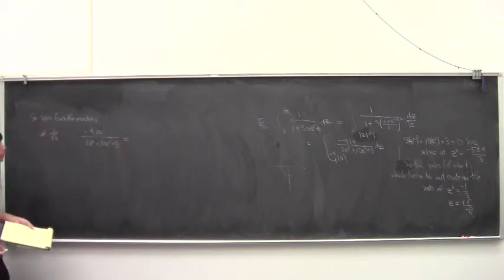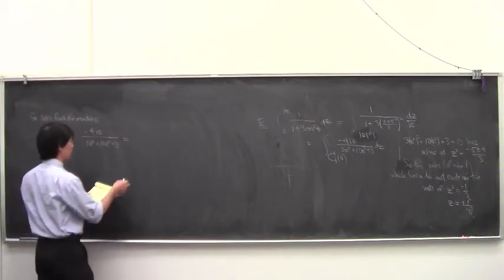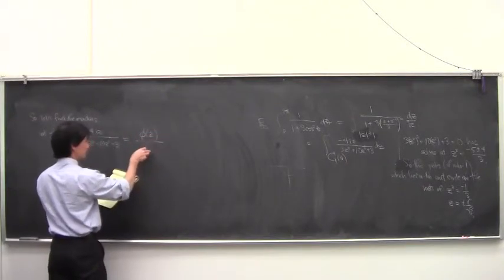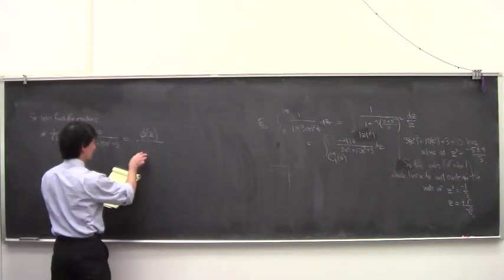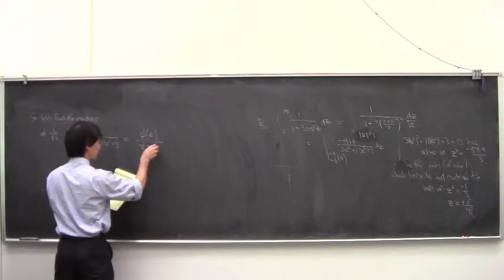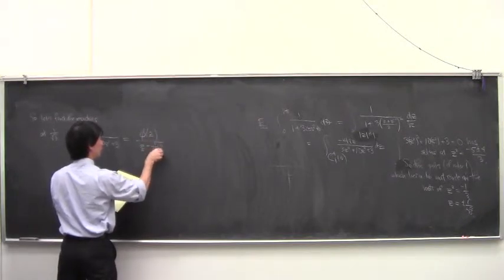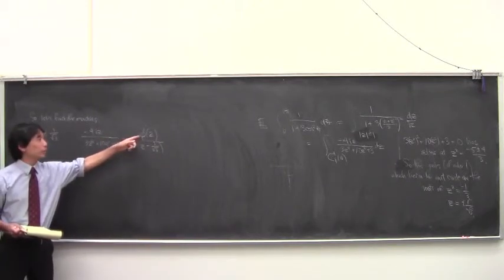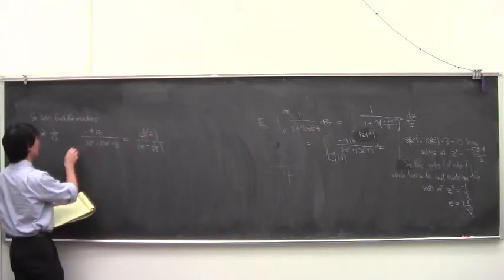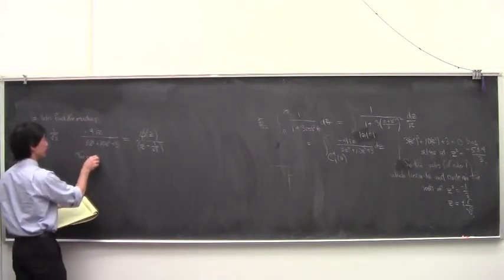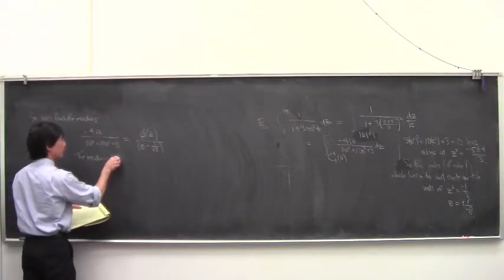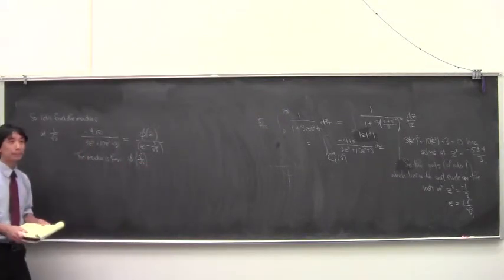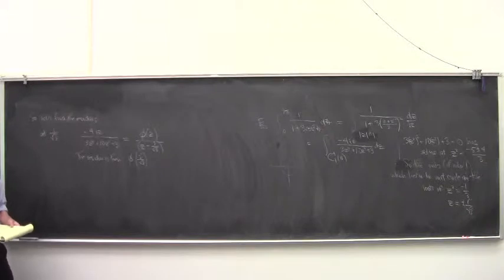It'd be nice to express this as an analytic function, which doesn't vanish at i over root 3, times 1 over (z minus i over root 3). Because once you get it in this form, then the residue is just the function evaluated at i over root 3, by the result that we had at the end of class last time.